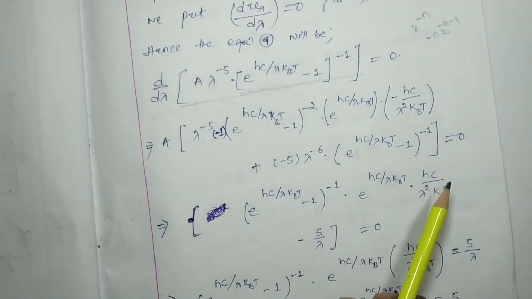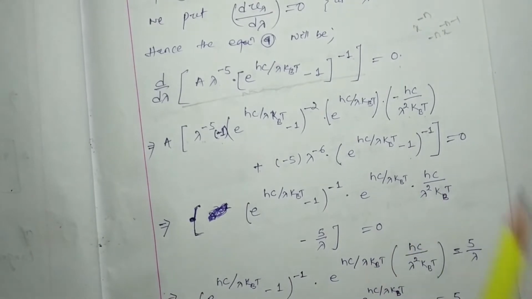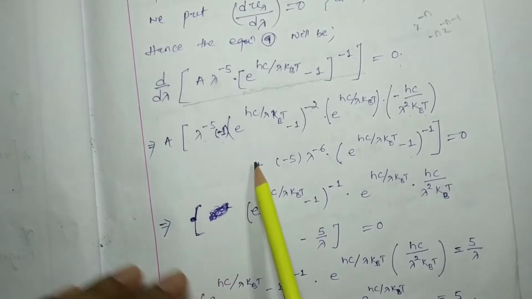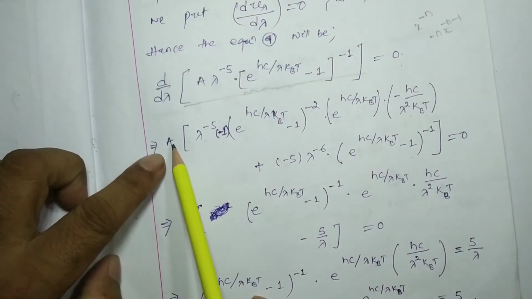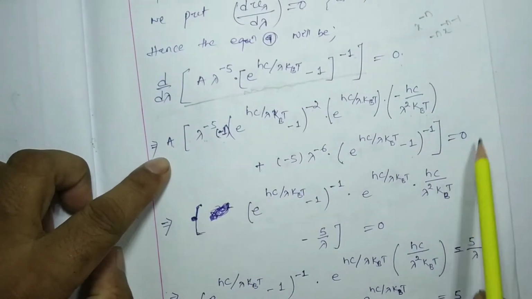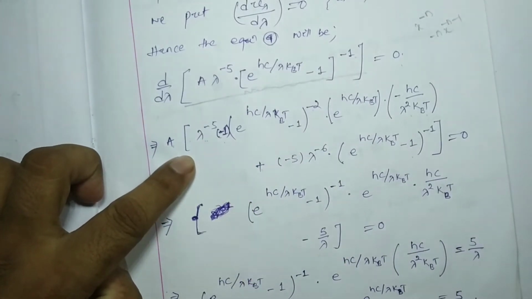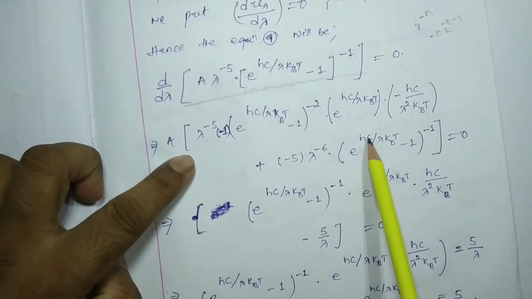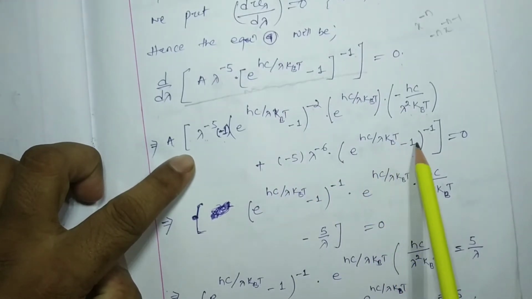Right, now you have to watch carefully. I have taken common terms. See, here A is multiplied with this whole term, so A will be divided over here, it will be 0. Then we can take common from this term and this term e to the power hc by lambda kBT minus 1 to the power minus 1.